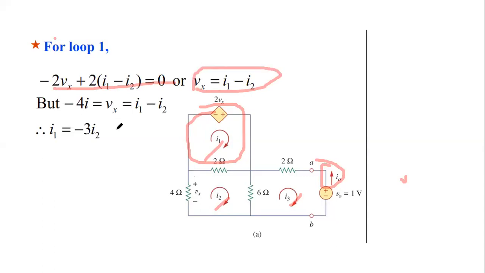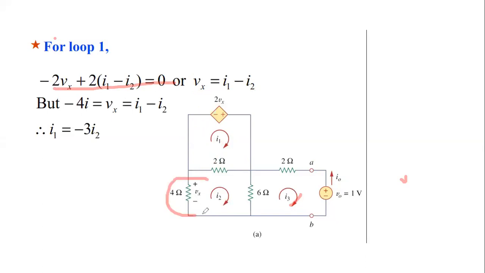But what is Vx? What is Vx? Vx is the voltage across the 4 ohm resistor. Vx is this one.